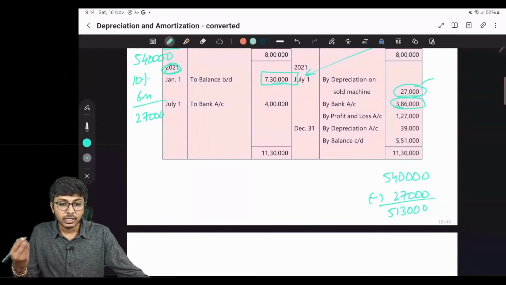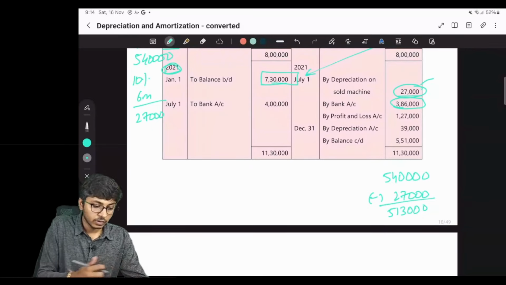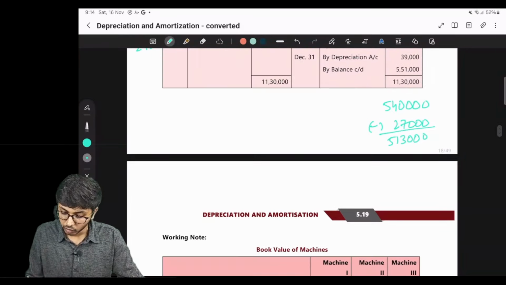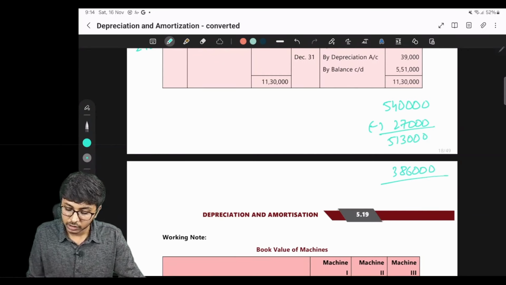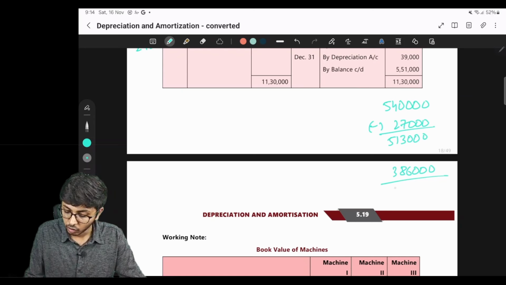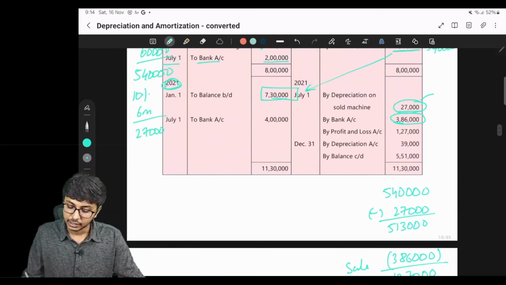But how much did I sell it for? I sold it for 3 lakh 86,000. So when I sold it for only 3 lakh 86,000, what is the loss I'm incurring? I'm incurring a loss of 1 lakh 27,000.